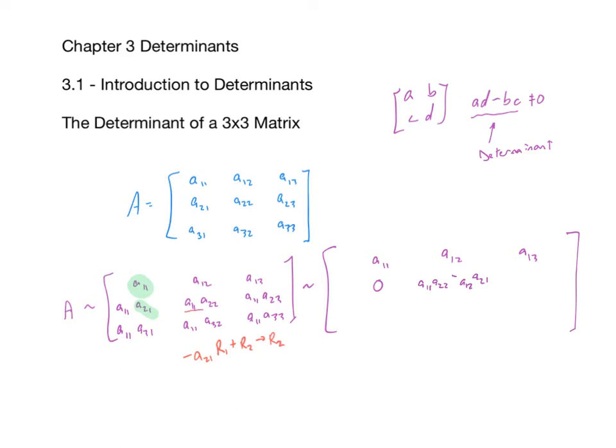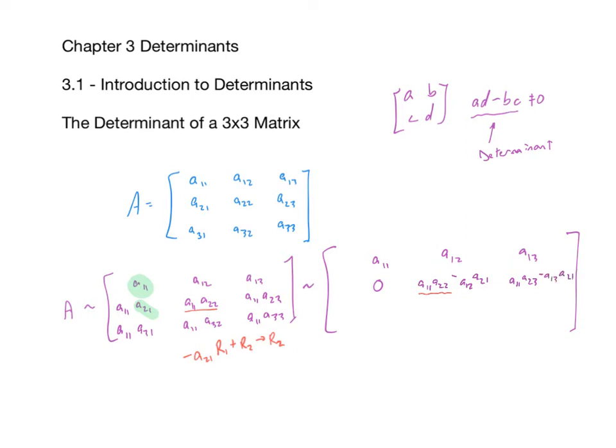The a11 a22 is that guy right there. And the negative a12 a21, that was the scaling that I did in row 1. All right, now what I would end up in the last position is a11 a23 minus a13 a21.